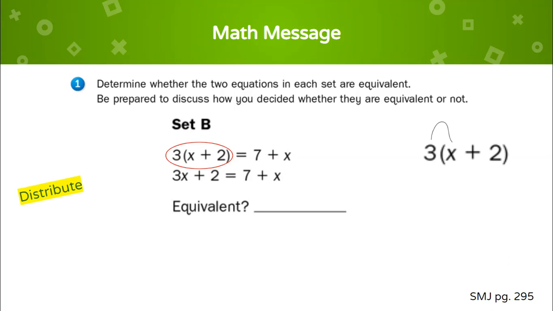So 3 times x is 3x. And then we have to distribute the 3 to the 2. 3 times 2 is 6. So in place of our 3 times quantity x plus 2, we're going to replace that with 3x plus 6. And now you can see that these are not equivalent because 3x plus 6 is not equivalent to 3x plus 2. Let's take a look at the next problem.